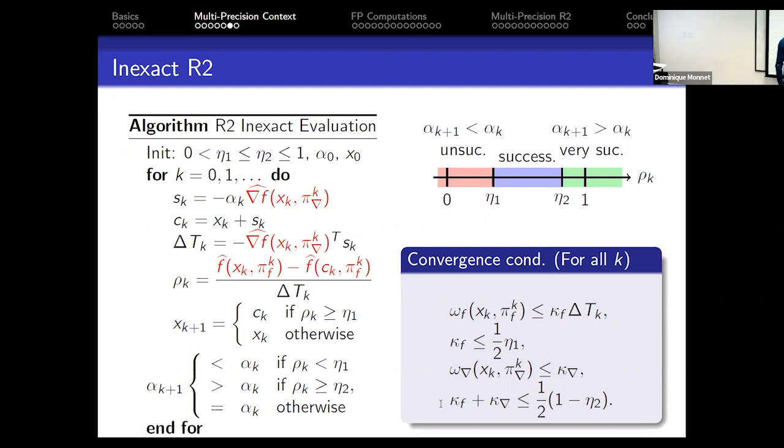The first condition is that the error on the objective should be lower than some kappa f times the model decrease. If we look at what the model decrease is, here it's nabla f multiplied by the step, itself being the step size parameter multiplied by the gradient. So basically, this is alpha multiplied by the norm of the gradient squared.